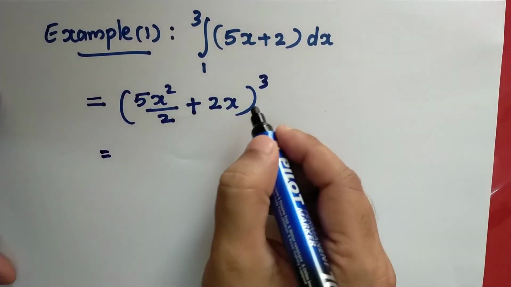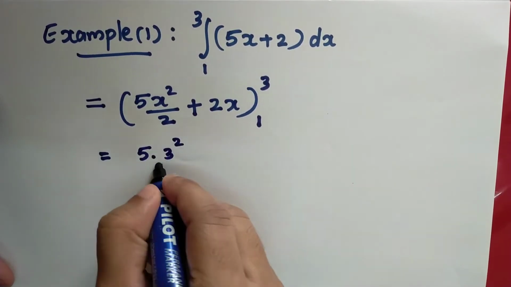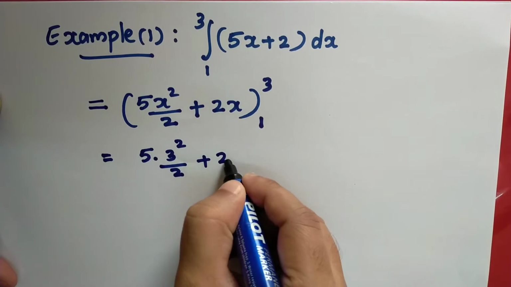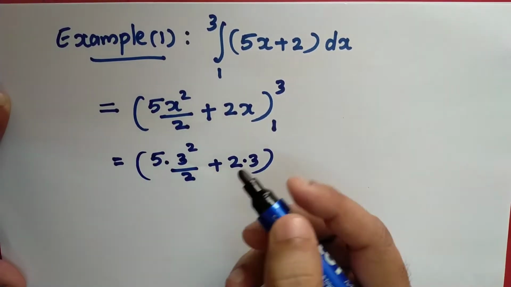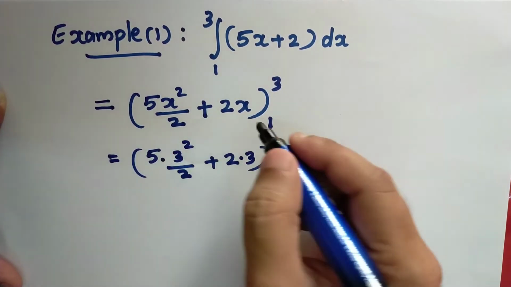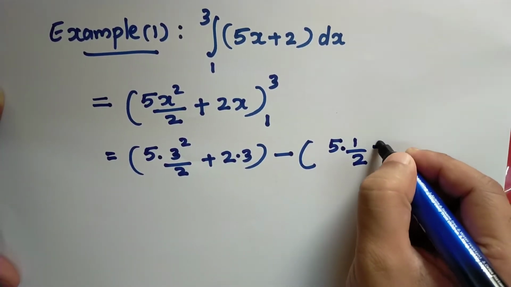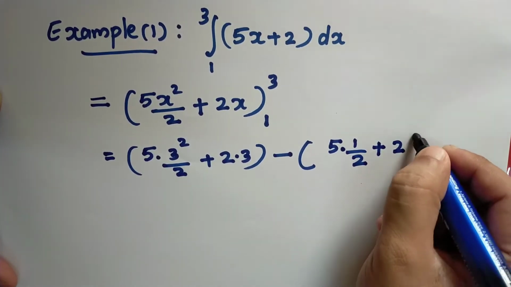First we will substitute upper limit. So this is 5 times 3 power 2 by 2 plus 2 multiply 3, minus, then we will substitute lower limit 1. So 5 times 1 by 2 plus 2 multiply 1.